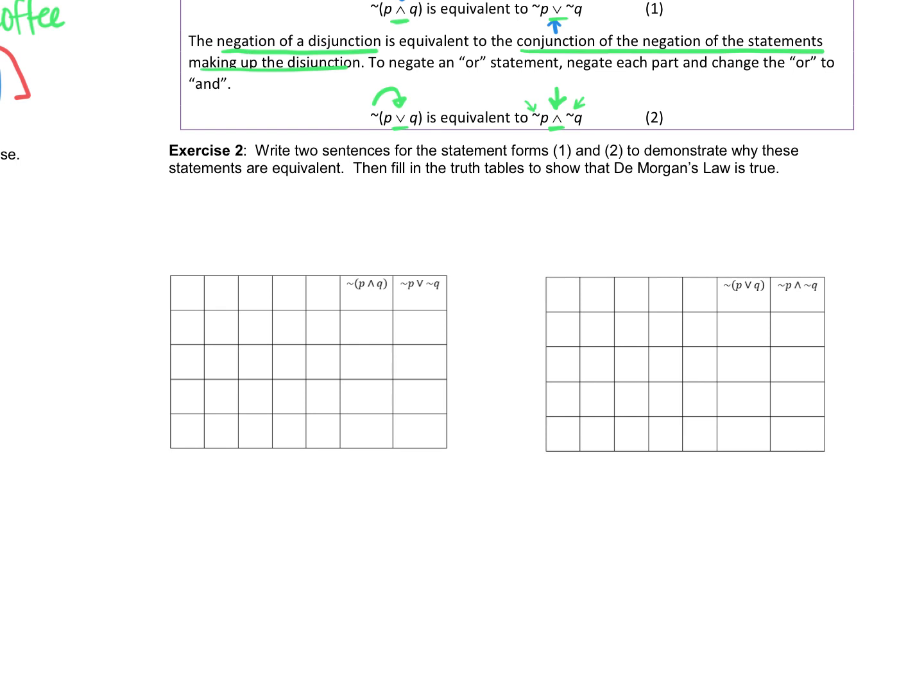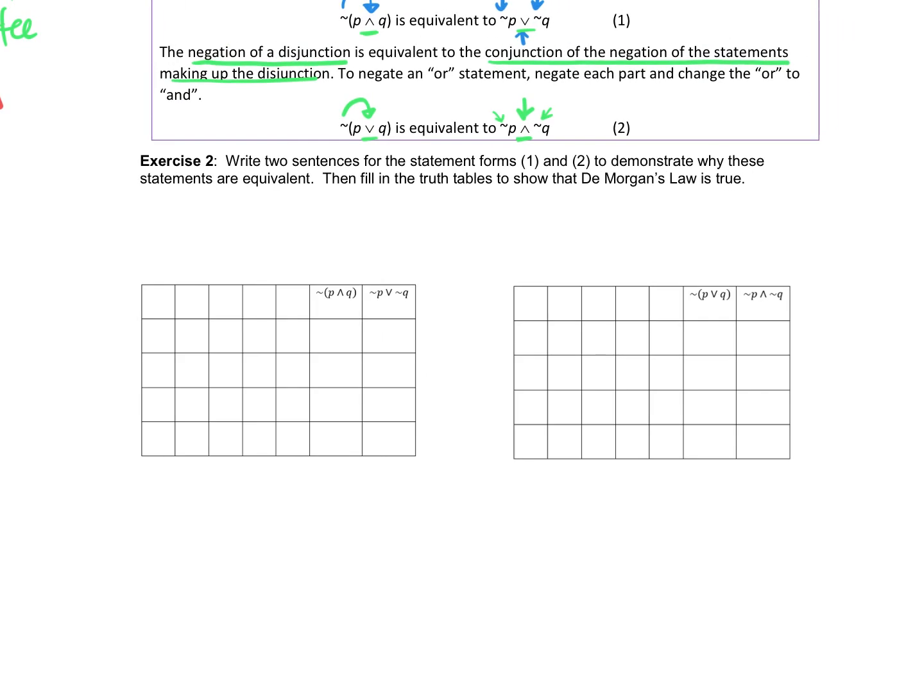And so we're going to start by filling in the things that we know. We're talking about statements P and Q, so we're going to start with that. When you look at what you need to know, we need to know the conjunction. So we're going to put P and Q, and then we'll be able to negate that. And for the last part, we need to know what our negation P will be and what our negation Q will be.